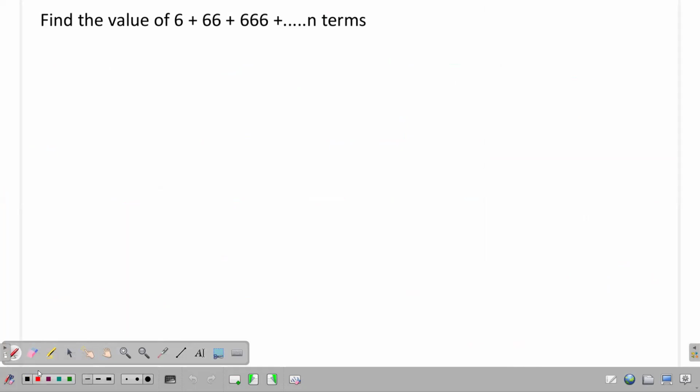Okay, so see the method, how I am going to do it. Let me say S is equal to 6 plus 66 plus 666 plus, you want to take one more term, it will be 6666 plus etc. up to n terms.